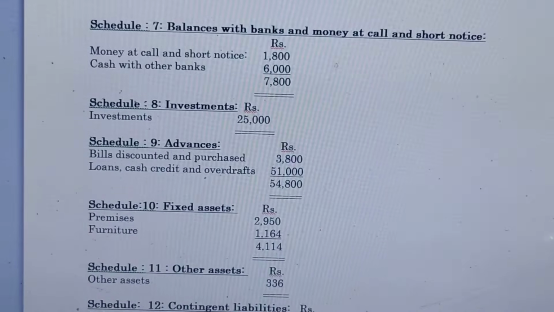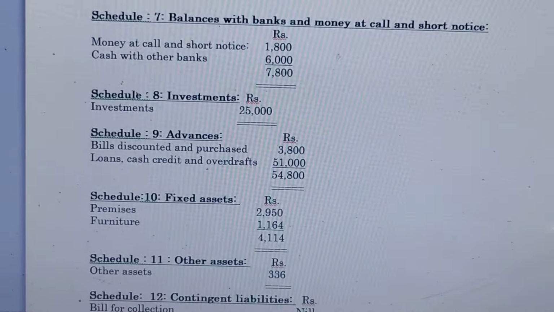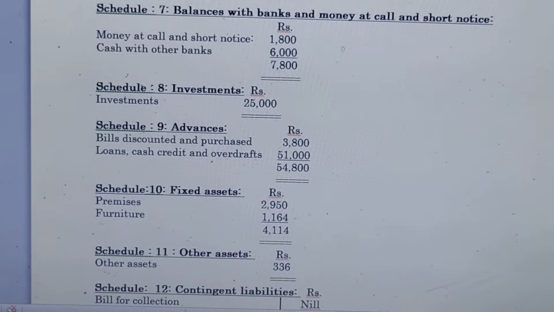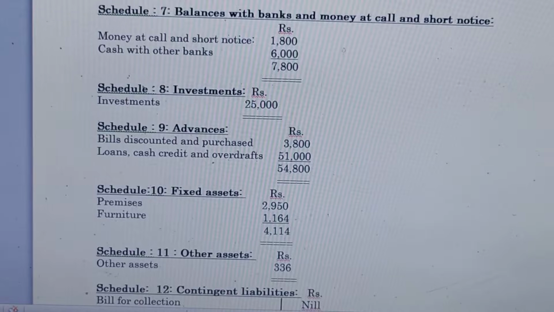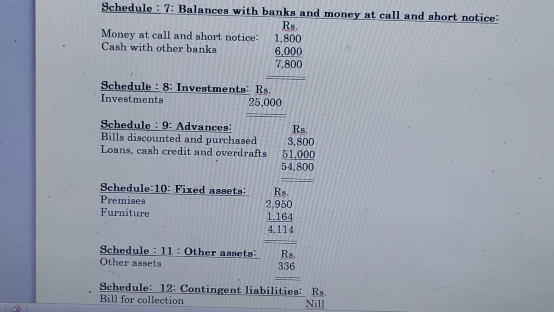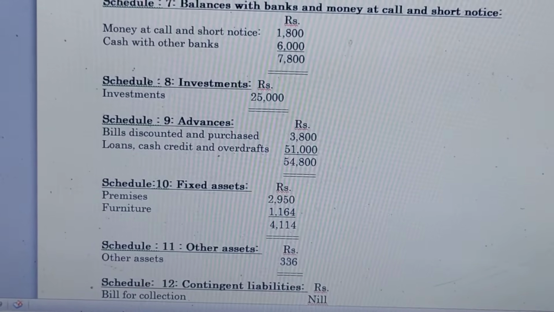And schedule number 8, investments. The investment amount is rupees 25,000. That's all. And schedule number 9 is advances. Under schedule number 9 we mention bills discounted and purchased rupees 3,800. Loans, cash credit and overdraft rupees 51,000.